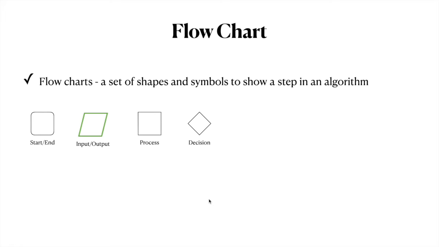And the other is a diamond. A diamond shows a decision. When we say a decision, the outcome of the process might be either true or false, or sometimes it might have more than two outputs. For example, if we are providing lettered grades, we might have outputs based on the grade that a student has.